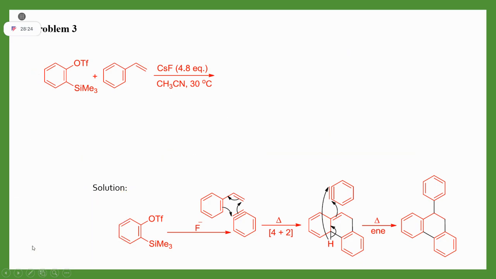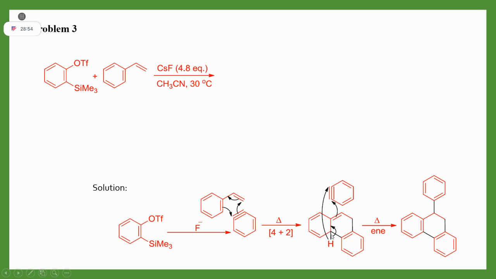So first, in presence of fluoride ion, your benzyne will form, yes or no? Then 4 plus 2 reaction will take place. And now since it is having allylic hydrogens, one mistake we have made is that there are two transferable allylic hydrogens. From here also it can take place, and from here also it can take place in your reaction.